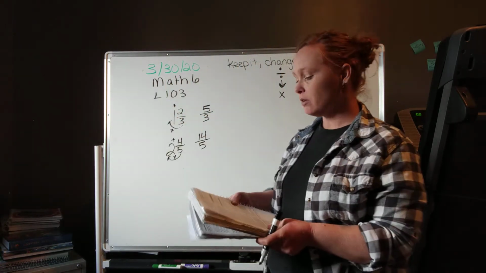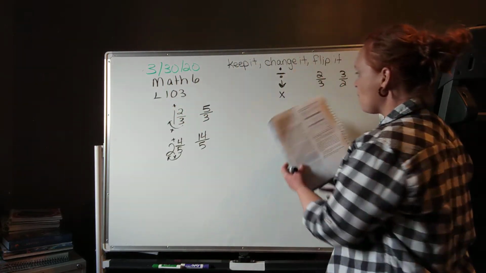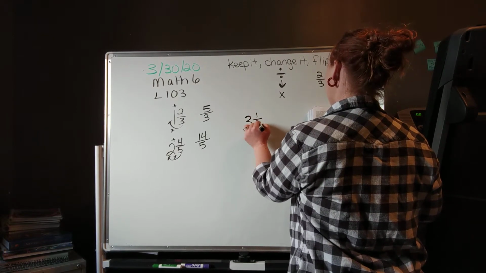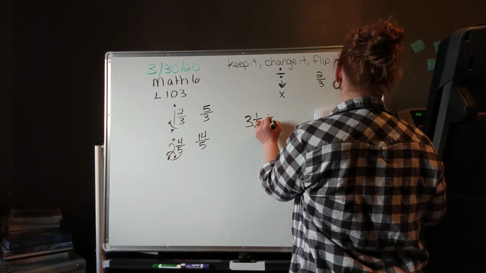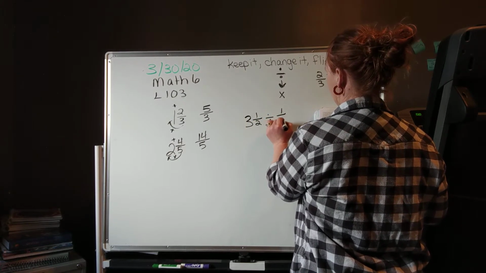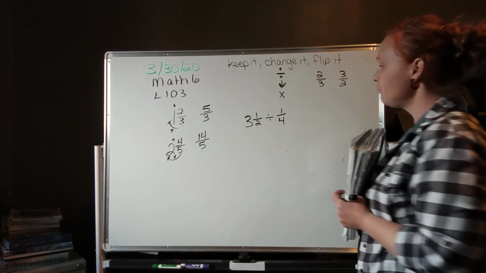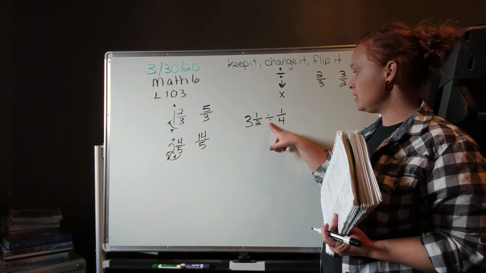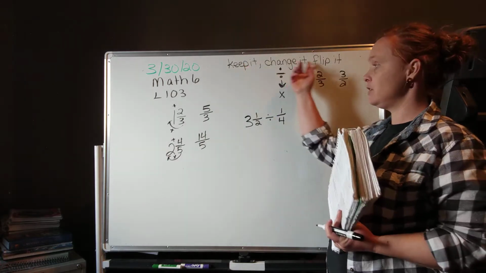We're on page 246 in your book. And they give us this problem. Okay, so we see multiple things going on right here. We see that we have a division problem, so I'm already hearing keep it, change it, flip it.